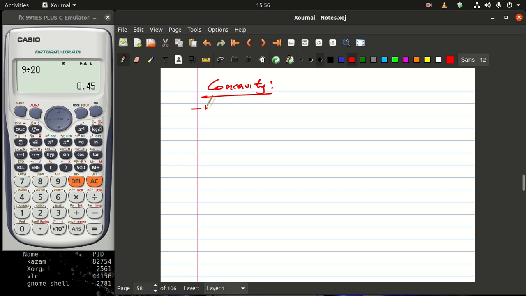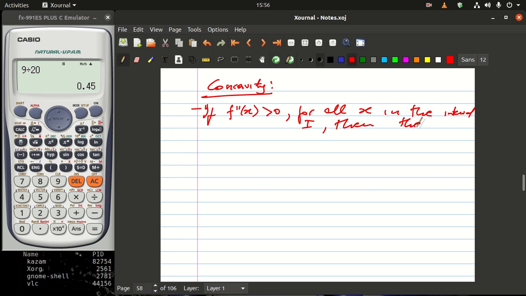We said that if f double prime of x is bigger than 0 for all x in some interval, let me call the interval I, then the graph of f is concave up.